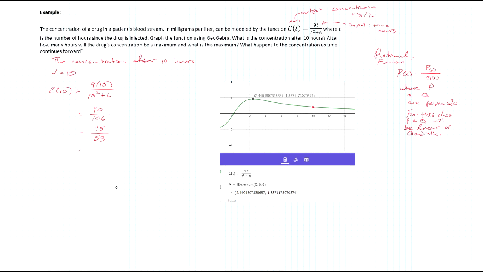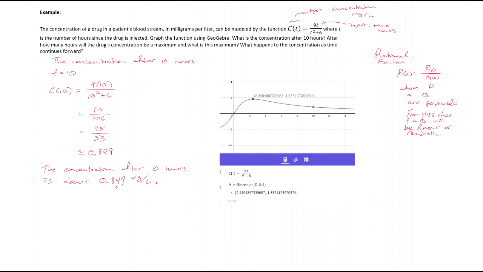So approximately 0.849. So the concentration after 10 hours is about 0.849 milligrams per liter of the particular drug that is being used for this patient.